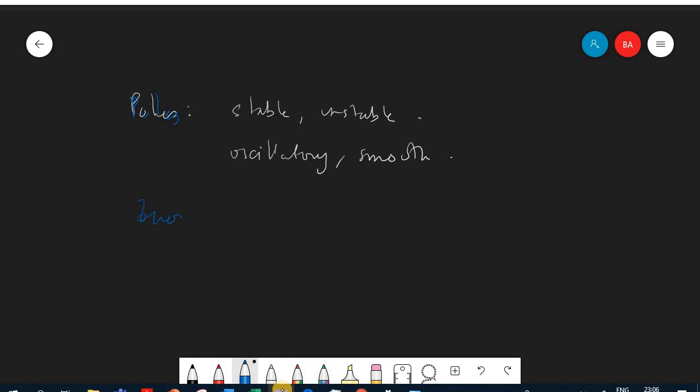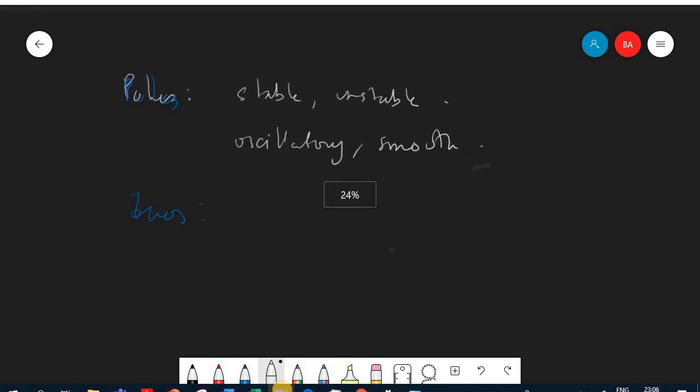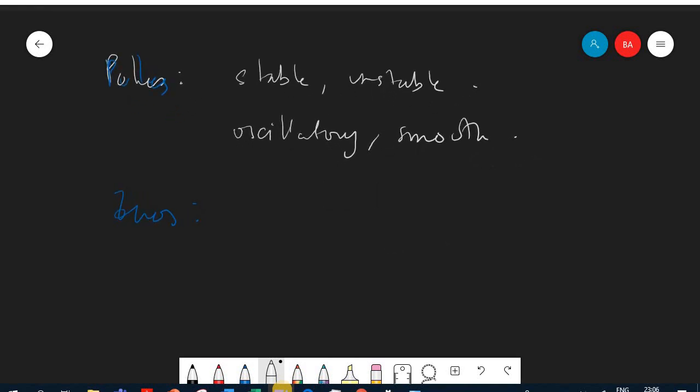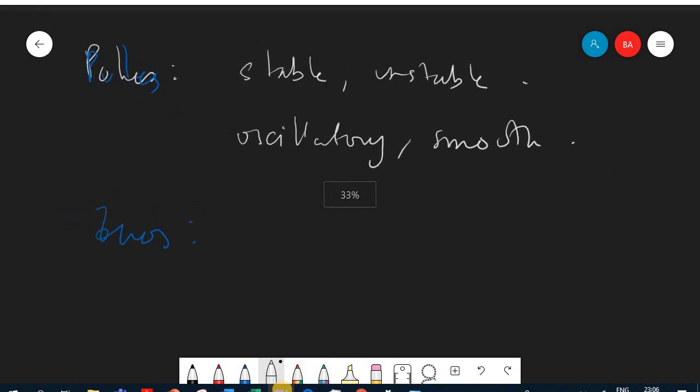What about the zeros? For zeros, you're going to know if the system has an inverse response. And what does an inverse response, or sometimes they call it undershoot, okay? Undershoot.